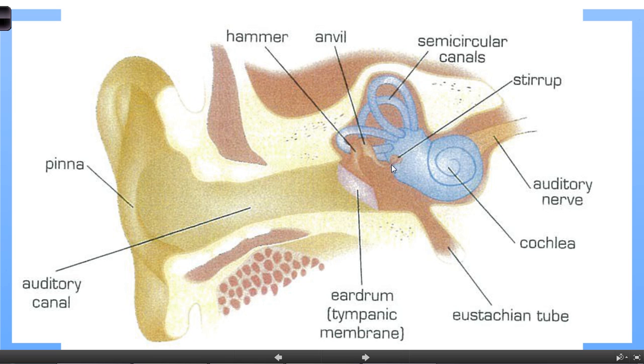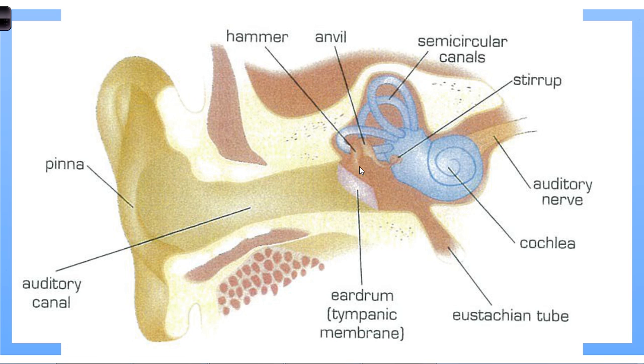So these three tiny bones transfer the vibrations of the eardrum to the part that actually senses sound, the blue part here, the cochlea. The hammer is attached to the eardrum, and it bangs on the anvil, which passes the vibrations onto the stirrup. These three are the smallest bones in the body, and one of them is only a few millimeters long, so very, very tiny bones.